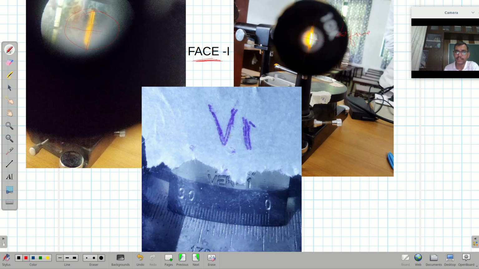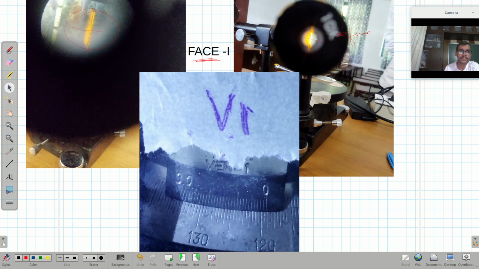And what is this reading? Let us have a look at this reading, what is its value. See, it is 120, say it is 120 and it is 119.